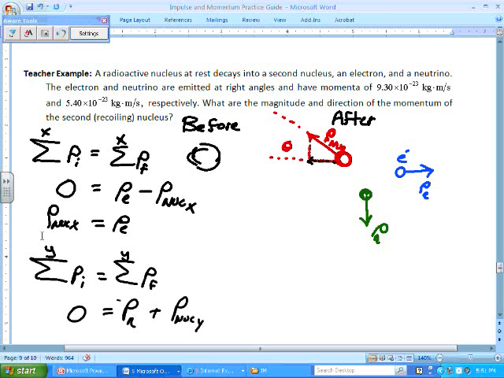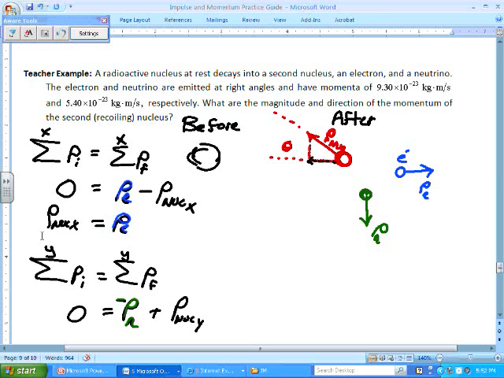And they're in opposite directions. We define up as positive, so that means in our picture the neutrino has a downward momentum, and I'll make that green so you guys know which one that is from the picture. And likewise, we'll identify our electron's momentum so you can identify with the picture.